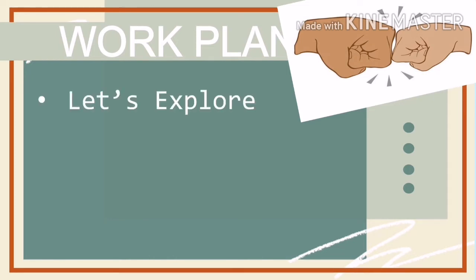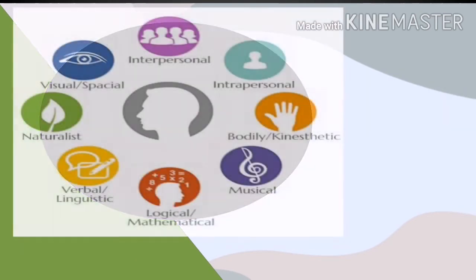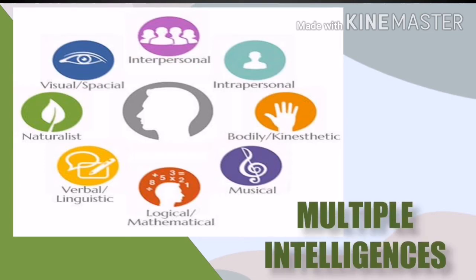Let's explore, let's count, let's value, and wrap up. To guide us and know that we achieve something as we go through our lesson, these small icons that you will find in the upper part of the presentation are indications that our activities, tasks, or discussions will shape your multiple intelligences.